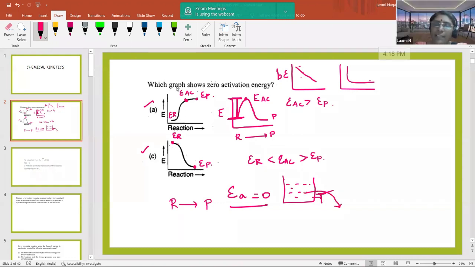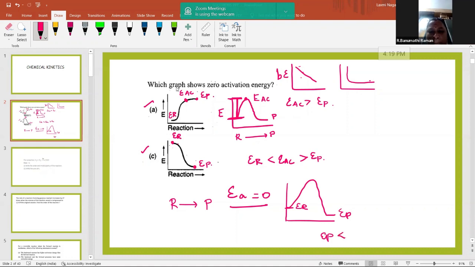Something like that, the reactants have to get some amount of energy. The energy of the reactant is here, and traditionally we plot this diagram with the energy of the product. Now the energy of the product is less, it is highly exothermic. So straight away the transition could have occurred.